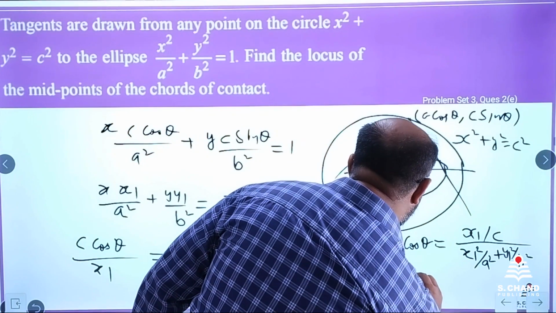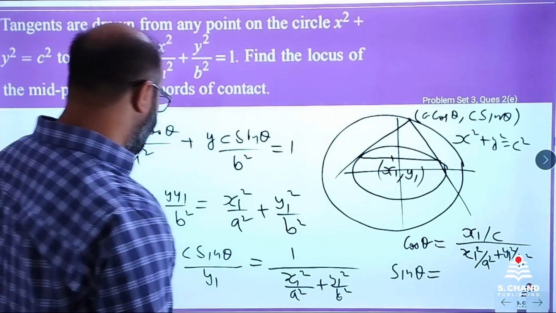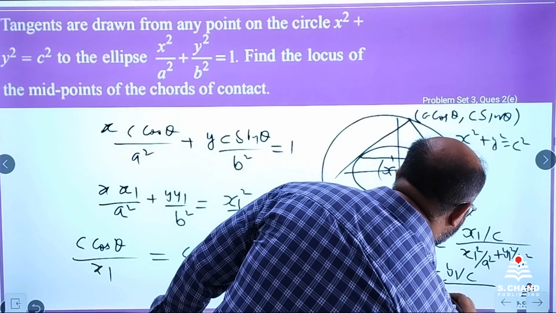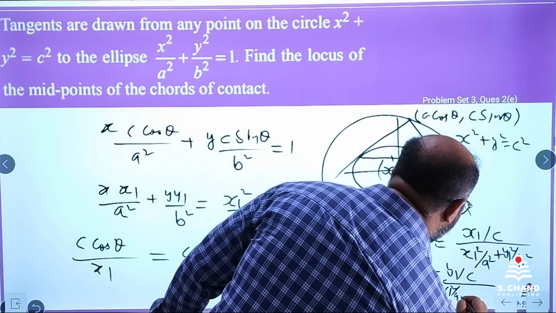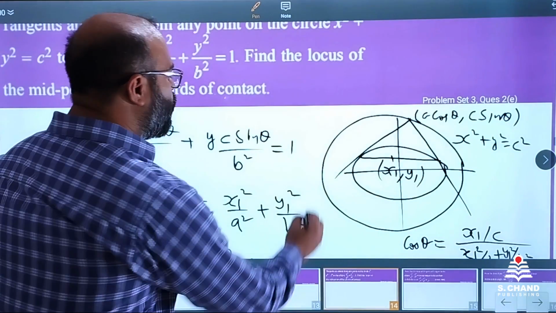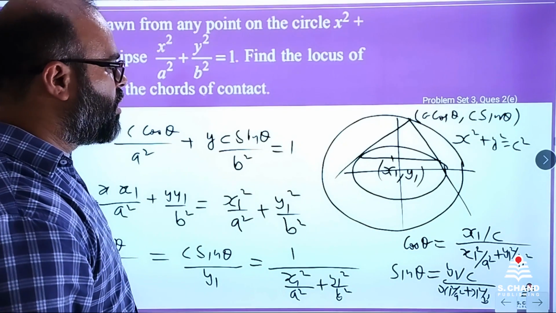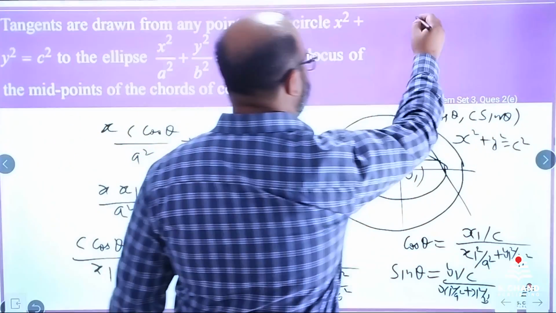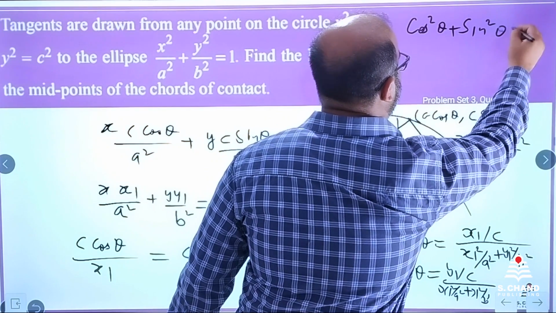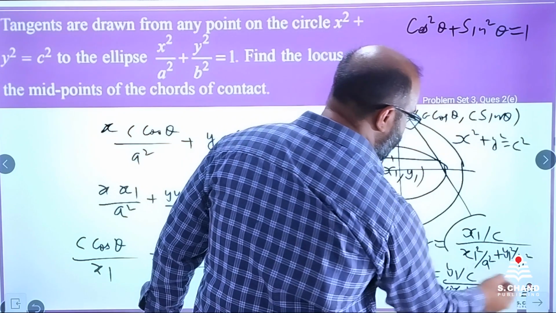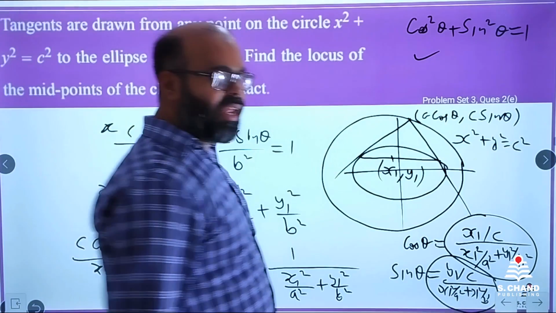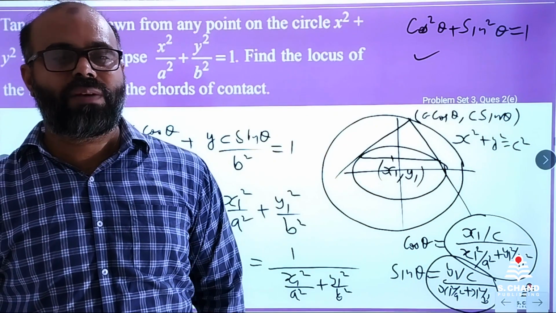Sin theta is equal to y1 by c by x1 square by a square plus y1 square by b square. Now when we do this, what will happen? We can do cos square theta plus sin square theta is equal to 1, and we replace this and this there, and we finally get the equation in x1 y1, which will give you the locus of that point, the midpoint.